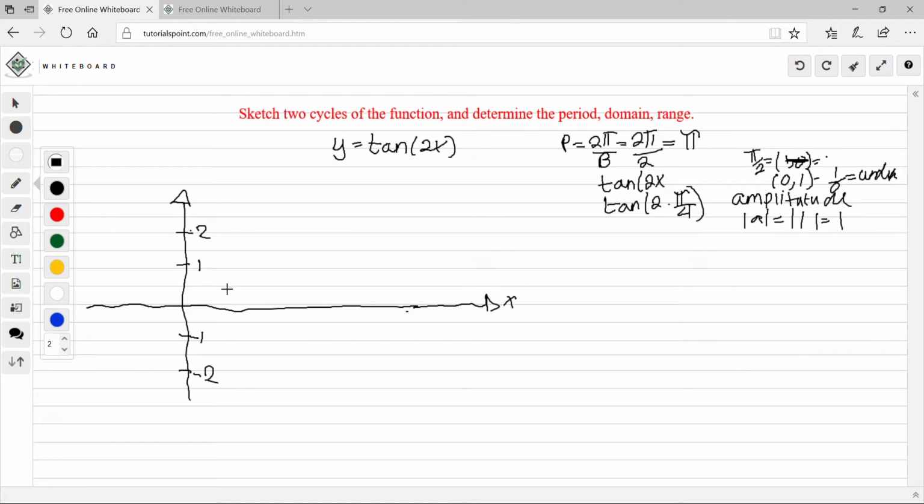So now let's put in our vertical asymptotes, where we're going to use pi over 4, right? Because that makes it undefined. So here's pi over 4. And where else is it undefined? We can keep on going, right? Pi over 4, how about 3 pi fourths? 3 pi fourths still makes it undefined.